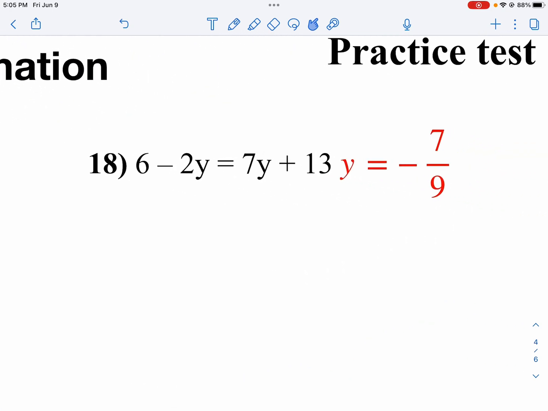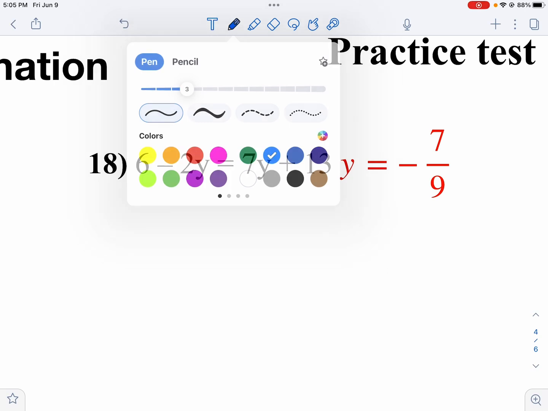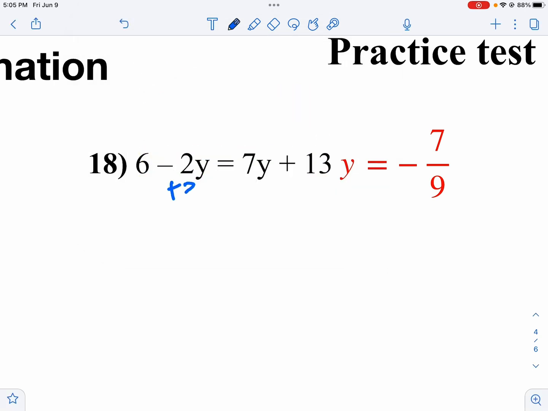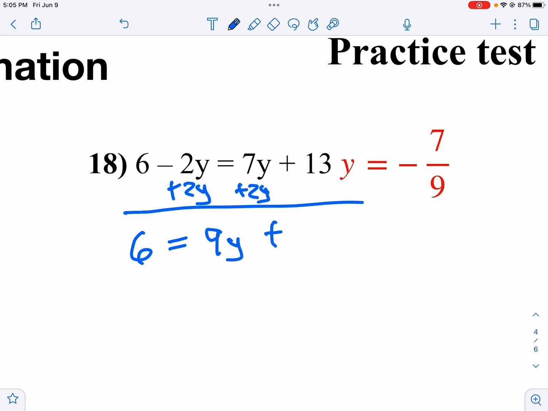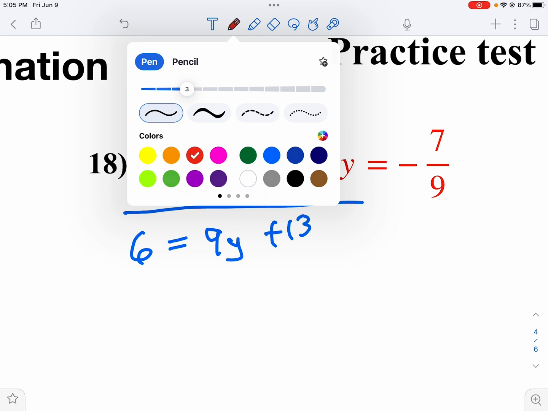Now, over in 18, let's get all the y's on the same side first. So I think what we'll do is add 2y to both sides, and that keeps things positive for me. So I get 6 equals 9y plus 13. Now we've got a two-step equation.